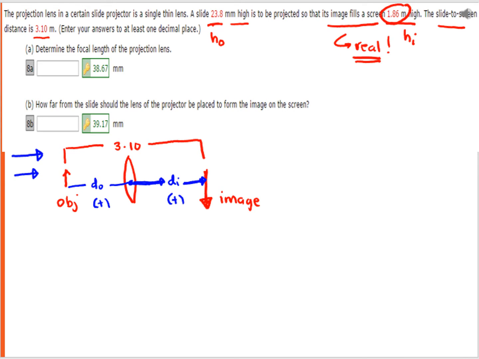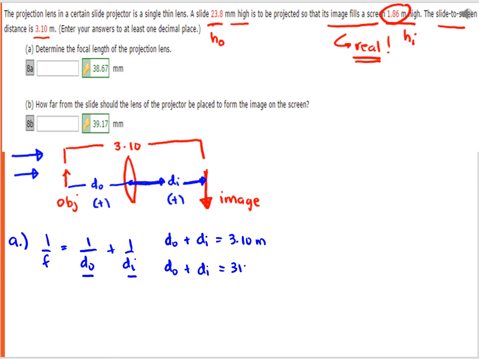The first question says determine the focal length of the projection lens. So we have 1 over F is equal to 1 over DO plus 1 over DI. However, we don't know what our DO and DI are, but based on this illustration here, we know that DO plus DI is equal to 3.10 meters, or we could say DO plus DI is equal to 3,100 millimeters.